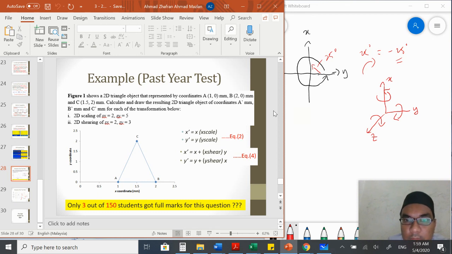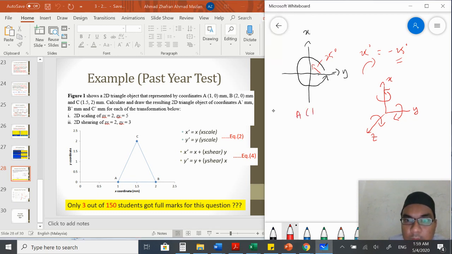Maybe you can write it here: A is 1, 0, B is 2, 0, and C is 1.5, 2. So calculate and draw the resulting 2D triangle object of coordinates A dash, what will be the B dash, and what will be the C dash for each of the transformations below.